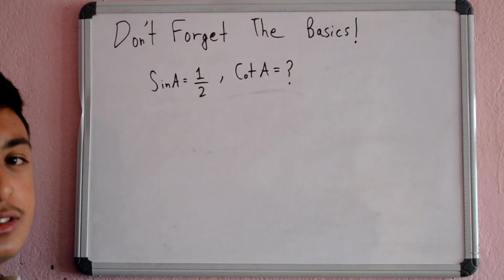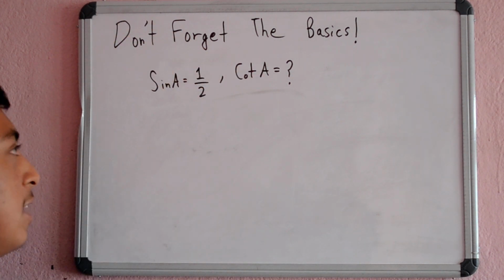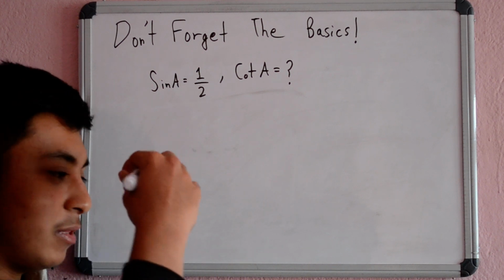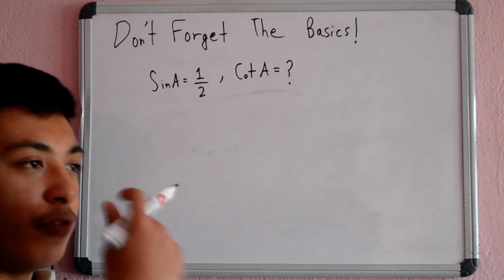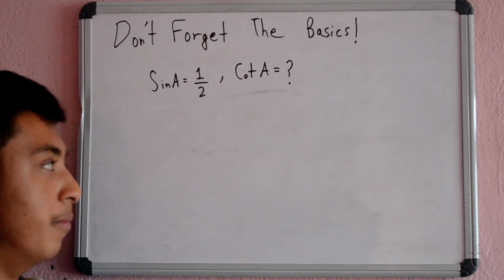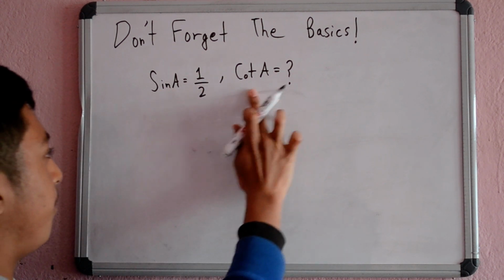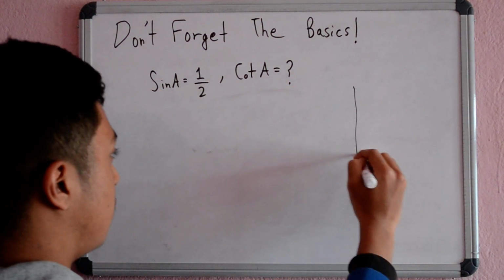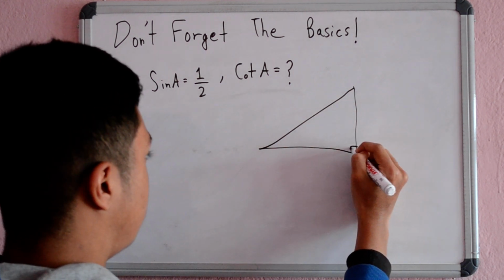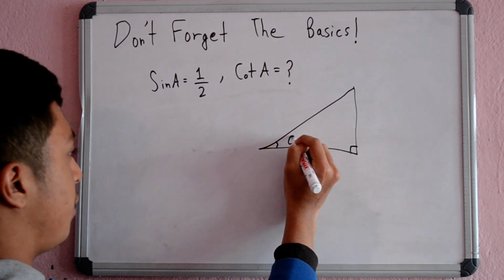So let's see how you actually do this, and it just needs some 8th grade knowledge, what you first learned about the Pythagorean theorem or the Pythagoras theorem. So you have a right triangle and you have an angle theta.